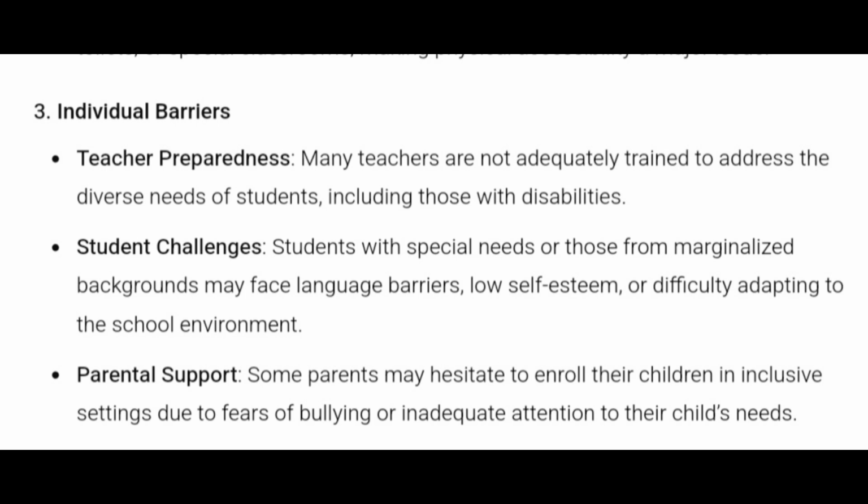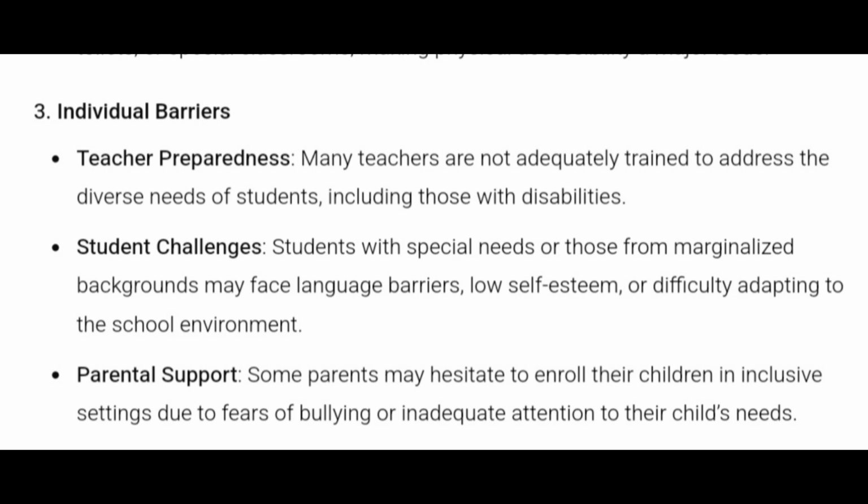Parental support. Some parents may hesitate to enroll their children in inclusive settings due to fear of bullying or inadequate attention to their child's needs. Now, some of the parents might not be so comfortable sending their children for inclusive education because they know that my child is physically disabled, or mentally disabled, or has a hearing problem, or may be blind, or has partially lost his or her vision.